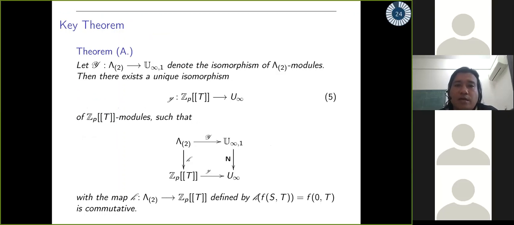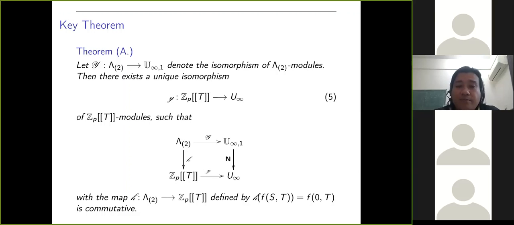So this is the key theorem which we proved. I can get this commutative diagram. In this commutative diagram, what are the objects? I have this Lambda 2, which is the power series ring in 2 variables, and then I have this U infinity 1, which is the component I'm interested in.